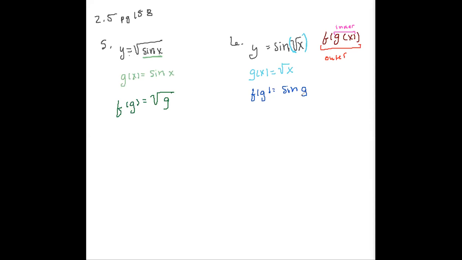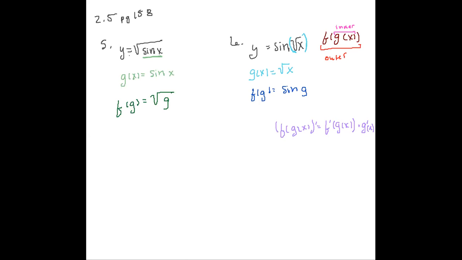Okay, let's do this. The formula for the chain rule is going to be the derivative of the function f of g of x is equal to the function f prime of g of x times g prime of x, right?